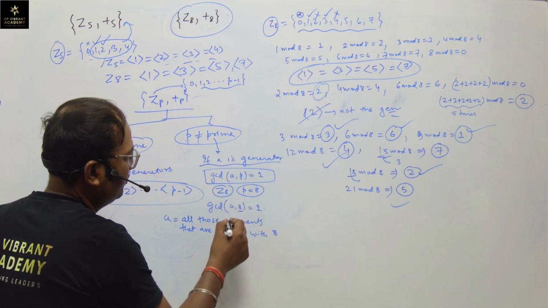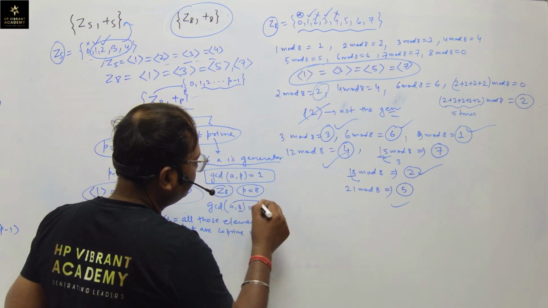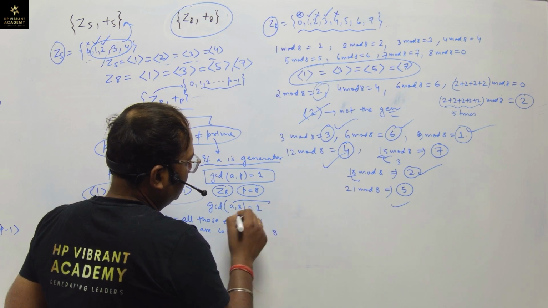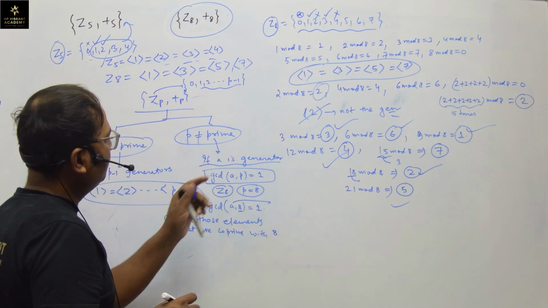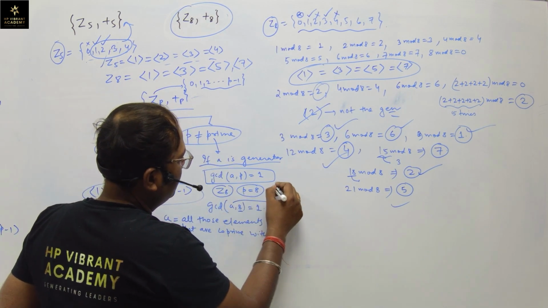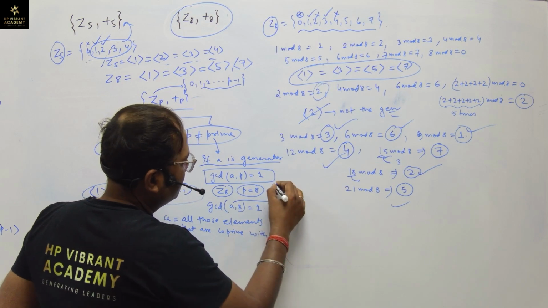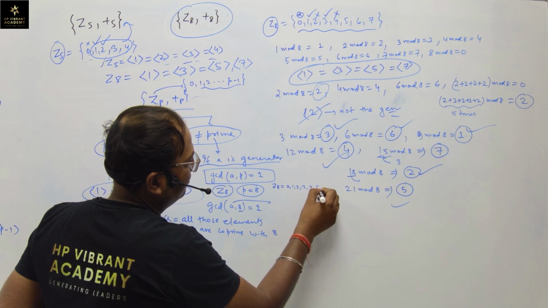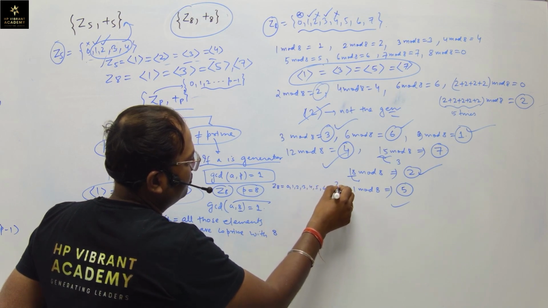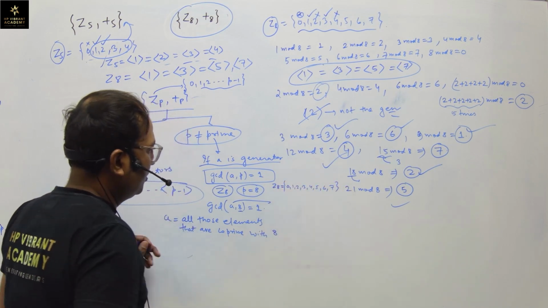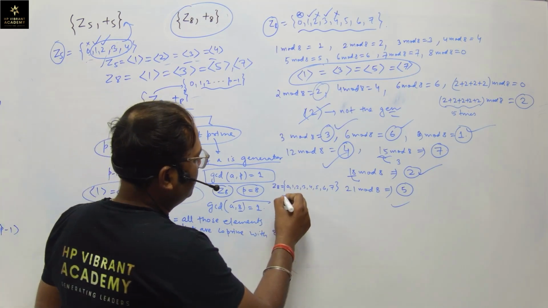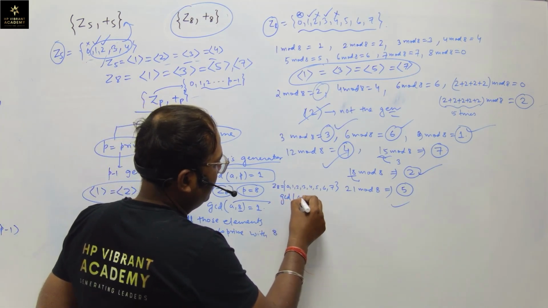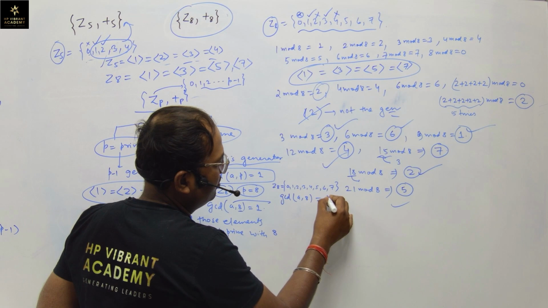The elements of Z8 are 0, 1, 2, 3, 4, 5, 6, 7, that is 0 to n minus 1. Let us take the GCD of a and 8. This must be equal to 1.